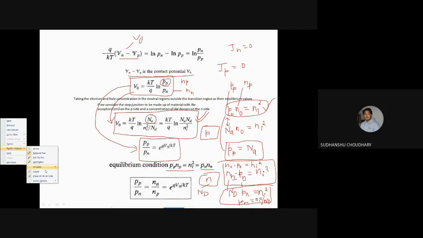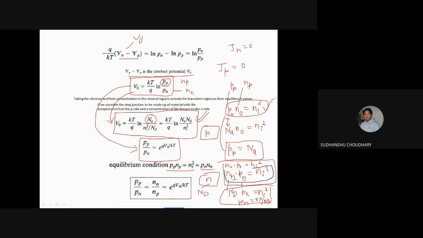Similarly, holes in n-type semiconductor multiplied by electrons in n-type semiconductor is equal to Ni square. So Pp Np is equal to Ni square is equal to Pn Nn.